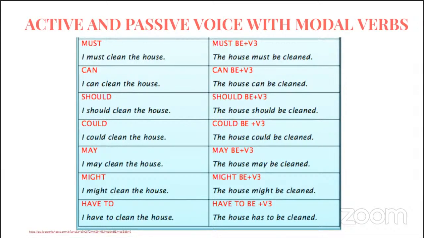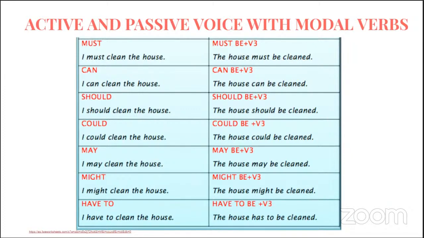And as you know, whenever we change an active statement to a passive voice, we can include who is the person doing the action, right? The house must be cleaned by my brother, by her, by him, by them. In these examples, we are not including the subject because in passive voice you can either include it or not.